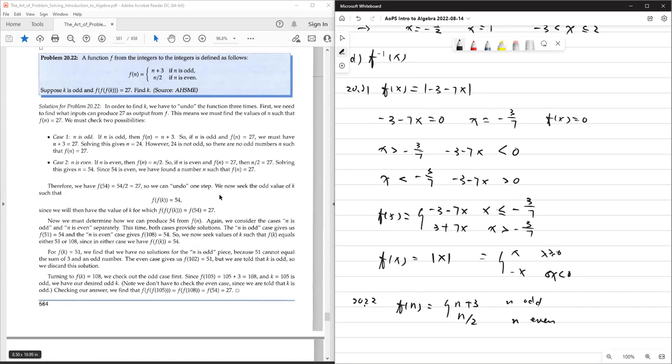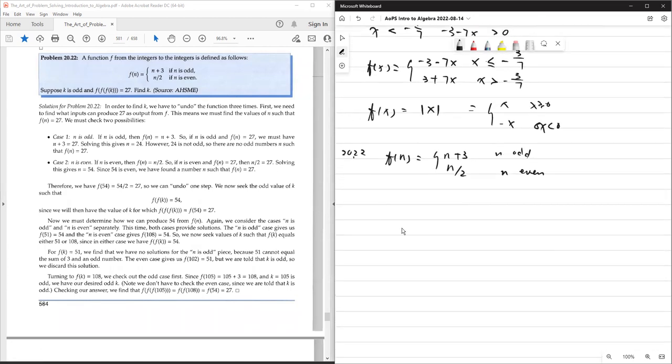Suppose k is odd. Now we have f of f of f of k equals 27. We're asked to solve for k.